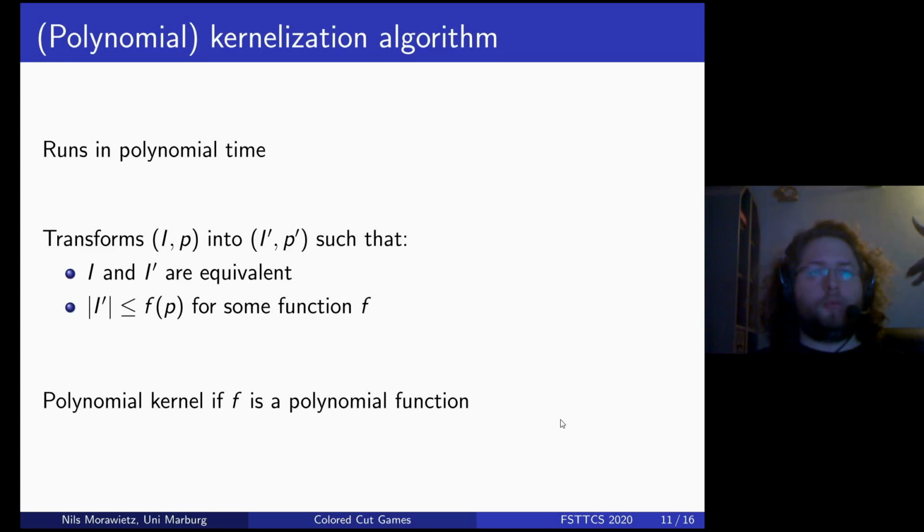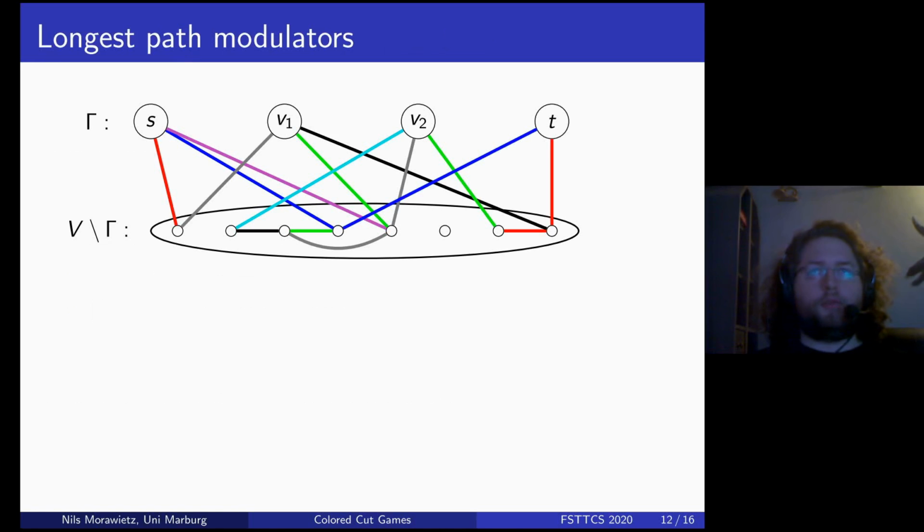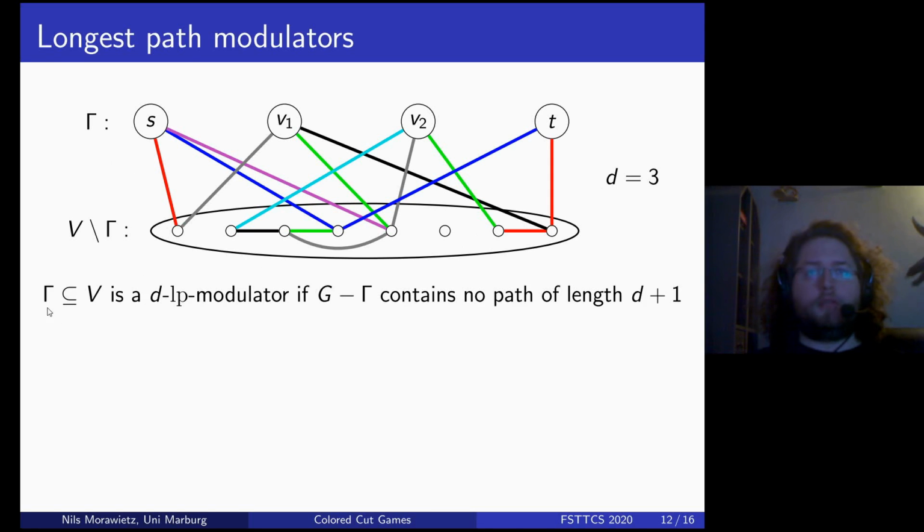Such a polynomial kernelization algorithm highly depends on the parameter we're looking at. In this case, we want to look at longest path modulators. I first explain what a longest path modulator is. In this graph, we call a set Γ, a subset of the vertices, a d-longest path modulator for some constant value of d if the graph G minus Γ does not contain a path of length d plus 1. So in this example over here, we have a 3-longest path modulator, this set over here.